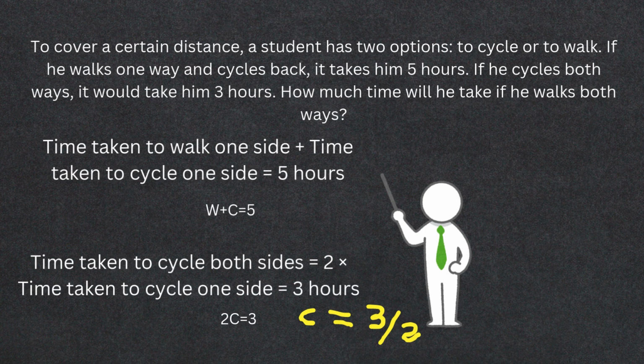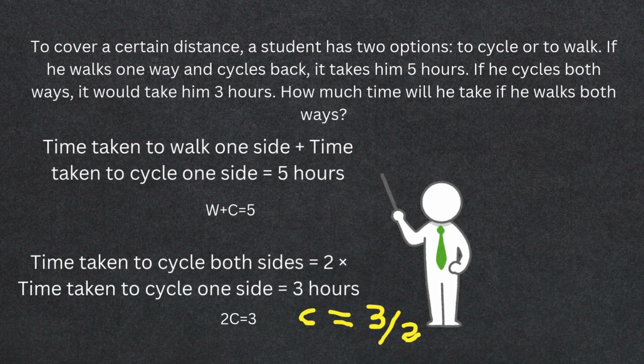Let's put a variable for this. Walking one way is W, cycling back is C. W plus C equal to 5, and cycling both ways, 2C, equal to 3. So let's solve these equations to find the time for one-way cycling. C equal to 3 by 2, which is 1.5 hours.